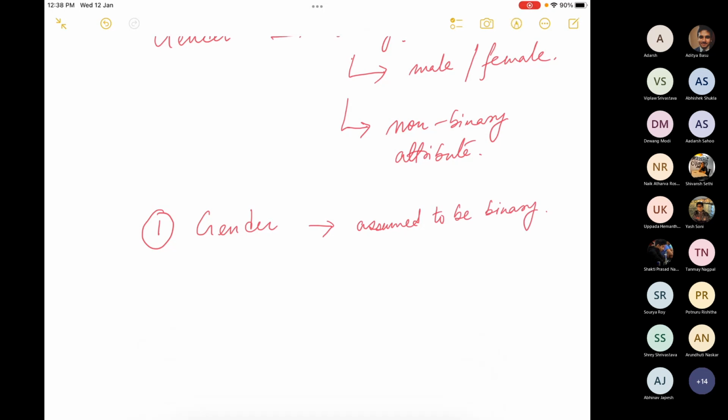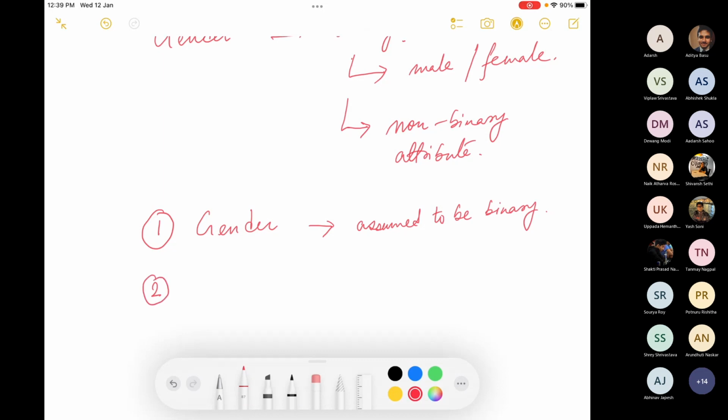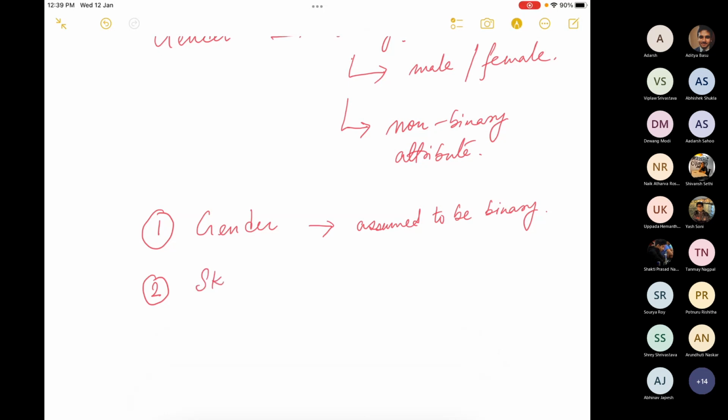The next thing is skin type, or the phenotypic classification of skin color.